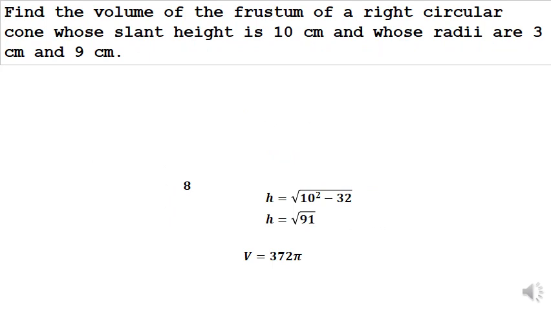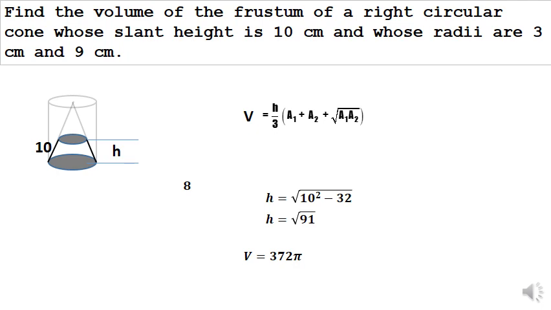Okay, let's now proceed. Find the volume of the frustum of a right circular cone whose slant height is 10 and whose radii are 3 and 9 centimeters. Okay, so this is our cone. The slant height is 10, the radius of the base is 9, and of the upper base is 3.